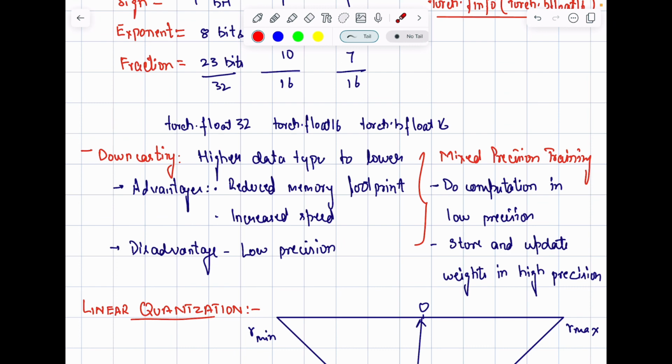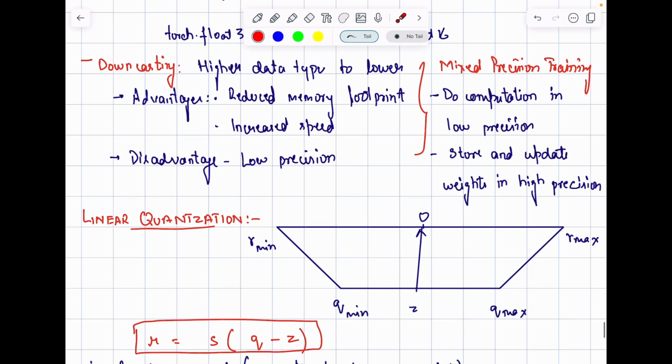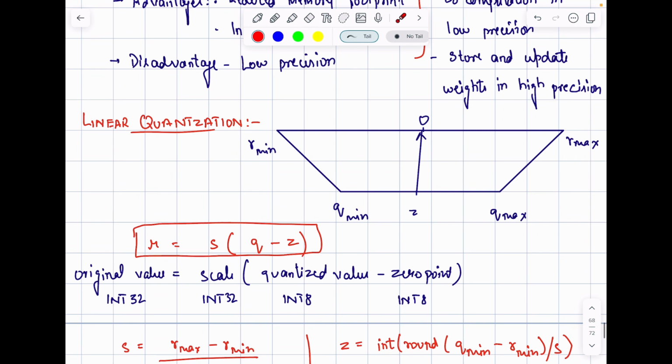Okay. So let's focus on what is linear quantization. That means how do you downcast a higher data type, let's say floating point 32, to integer 8. Okay, so in this case, let's say you have an integer 32 number that you want to downcast to integer 8. So how do we go about this?